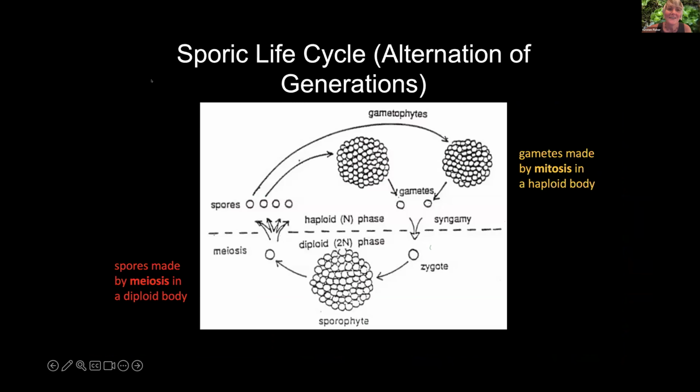Another feature that is shared by all of the land plants is the alternation of generations. If you took high school biology or college biology, you may have been assaulted with these life cycle diagrams back in the day. But the basic idea, and why this is different from the life cycle we're familiar with as animals, is that there are alternating multicellular haploid and diploid states.